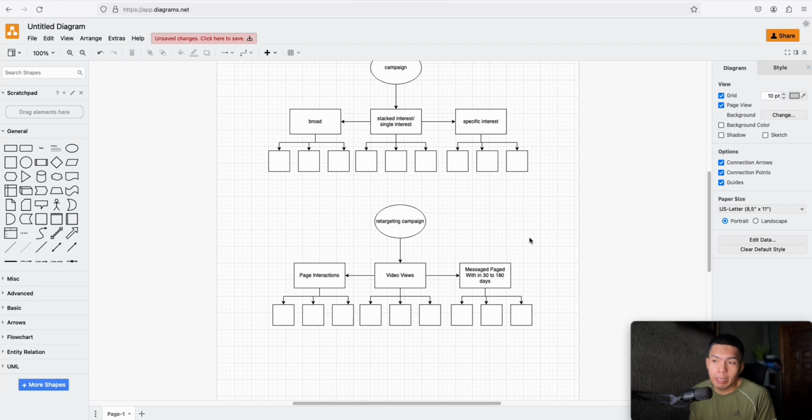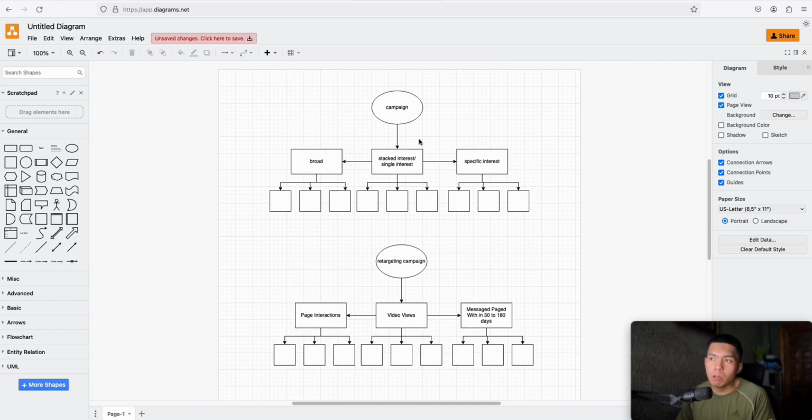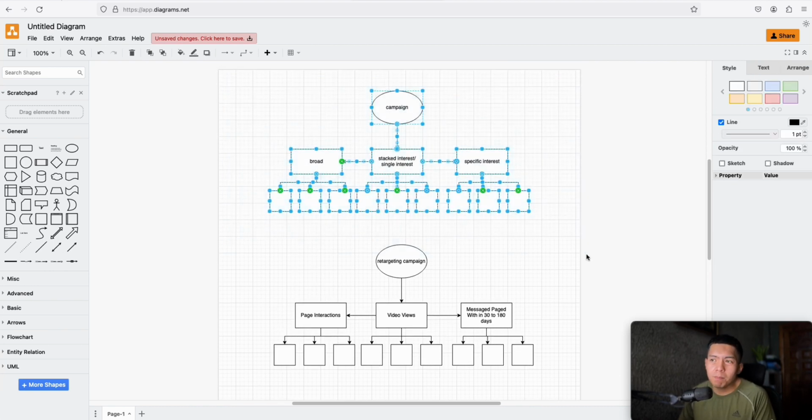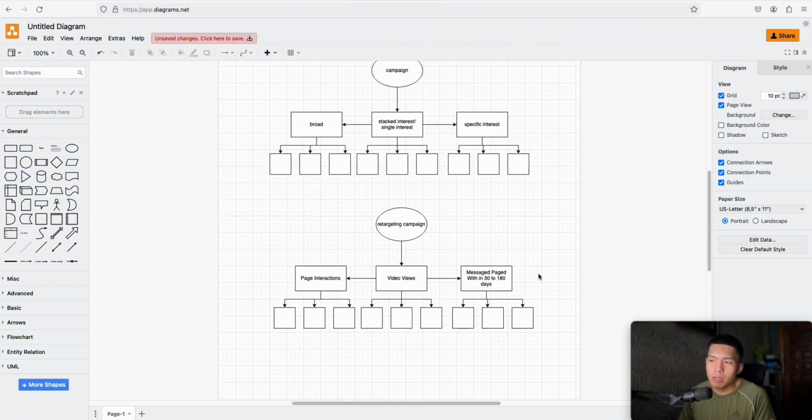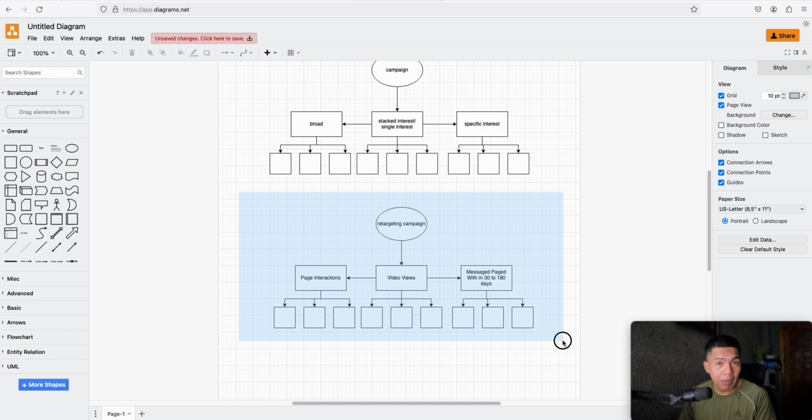The cost is much higher than the prospecting campaign, but we do get some conversions for retargeting, and I think it's very important that you do retargeting, because a lot of the people that just visit your page one time and then forget about you, they would then remember that you guys exist and you guys are offering this type of new promo, so that would give you a higher chance of foot traffic, walk-ins, or book appointments.